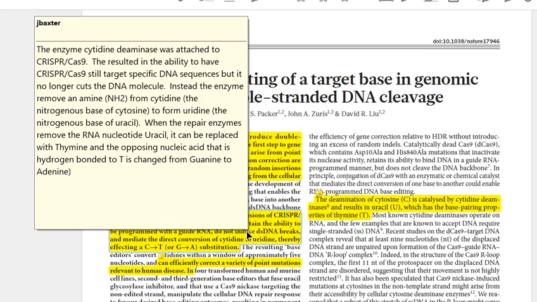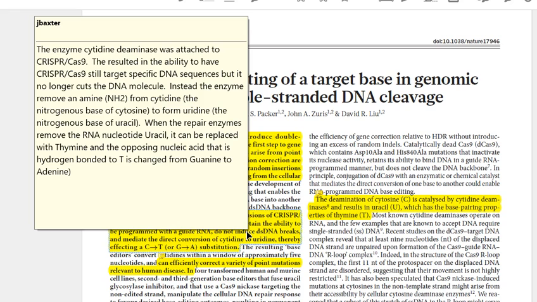So once that happens, that cytosine molecule is now uracil. Uridine is the nitrogenous base of uracil. So what this enzyme actually does is it changes a C to a U in DNA. Now, we know U's are only found in RNA. They're not found in DNA. So the cell will normally want to repair that.